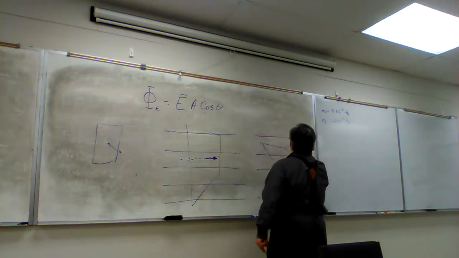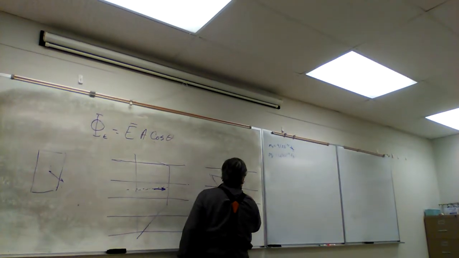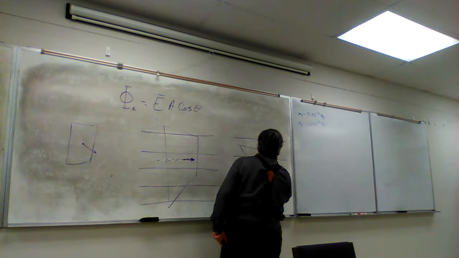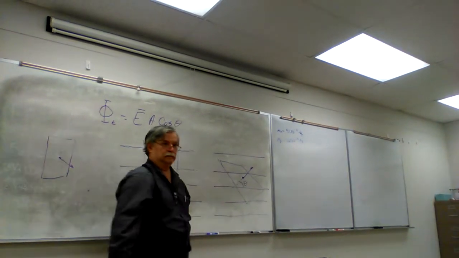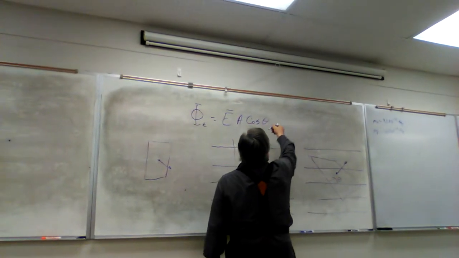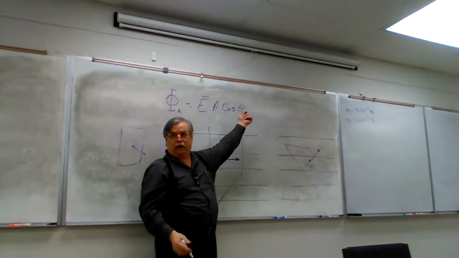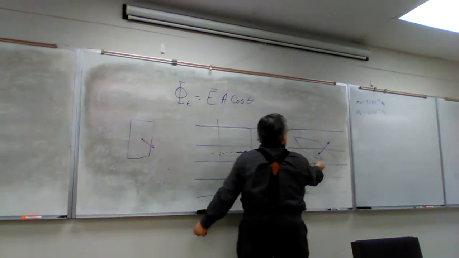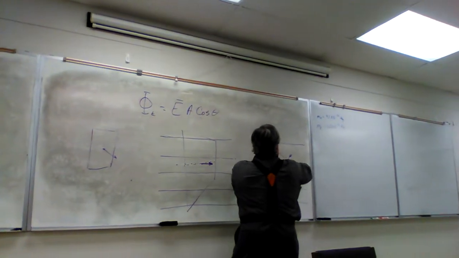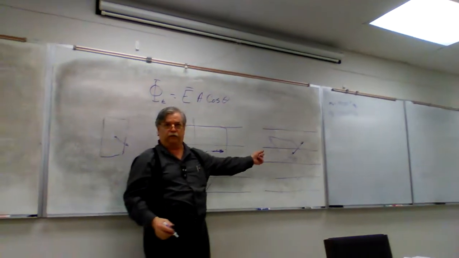This vector normal to that surface is at an angle theta. As theta goes from 0 towards 90 degrees, cosine theta gets smaller and smaller until you get this thing turned flat, so the vector is pointing up, perpendicular at 90 degrees to the E field.